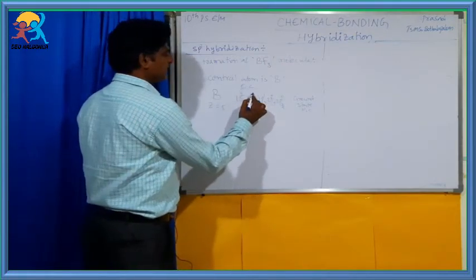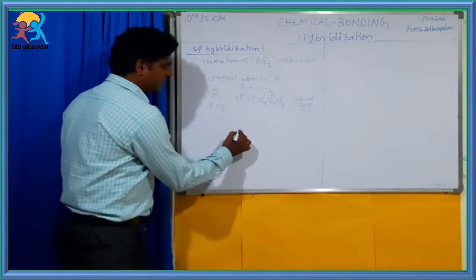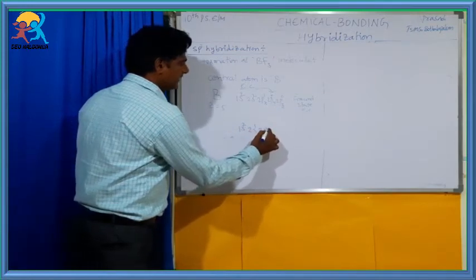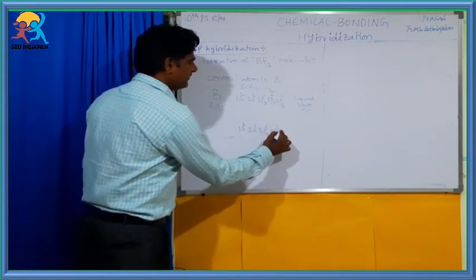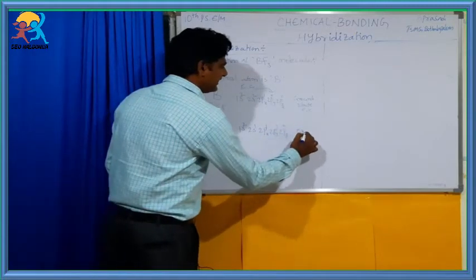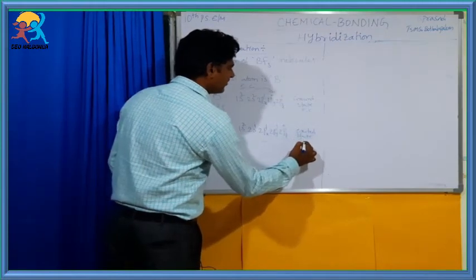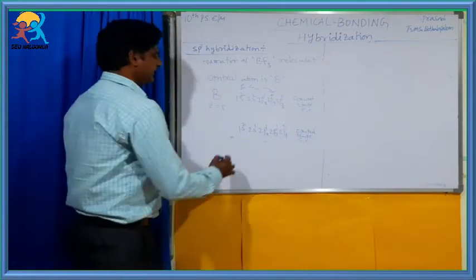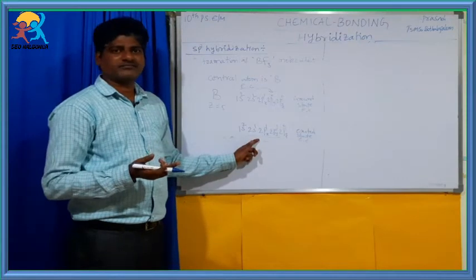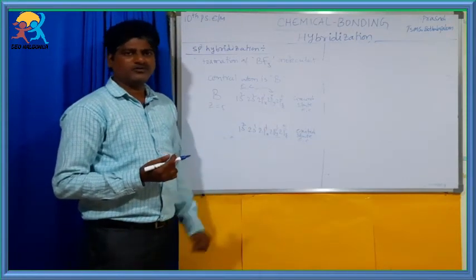One of the 2s electrons enters into 2py. Then the electronic configuration becomes 1s2, 2s1, 2px1, 2py1, 2pz0. It is called the excited state electronic configuration. In the excited state, boron has three unpaired electrons: one in 2s1, and two in 2px1 and 2py1.